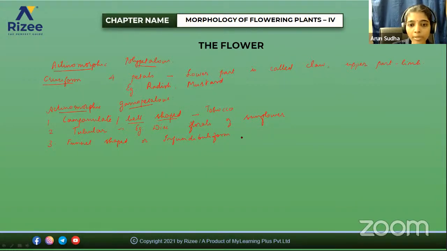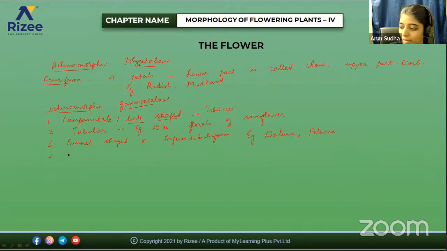So in all these cases, there will be fused petals, funnel shaped or infundibuliform. So here the example is Datura and Petunia.